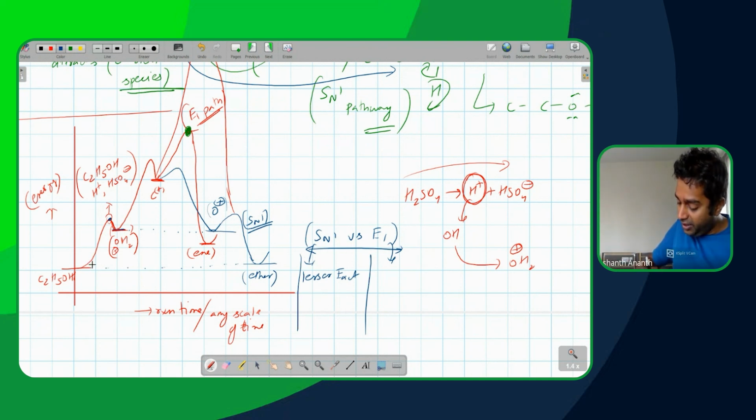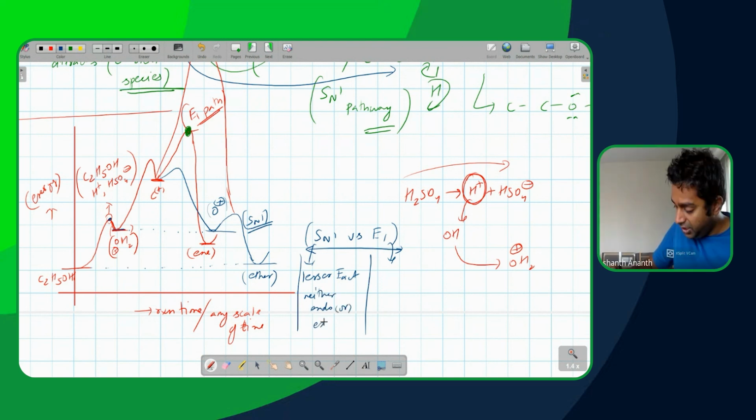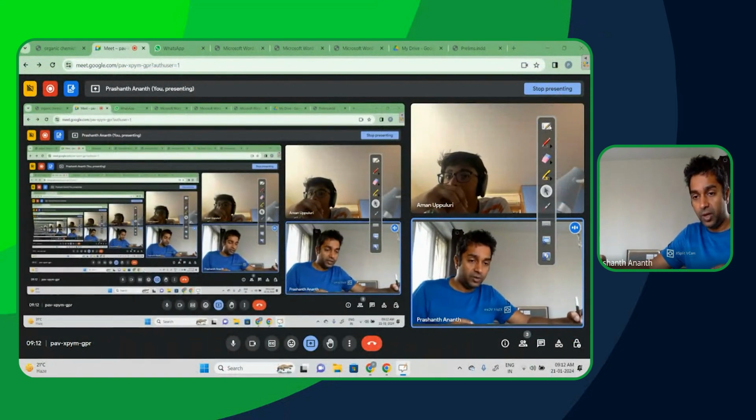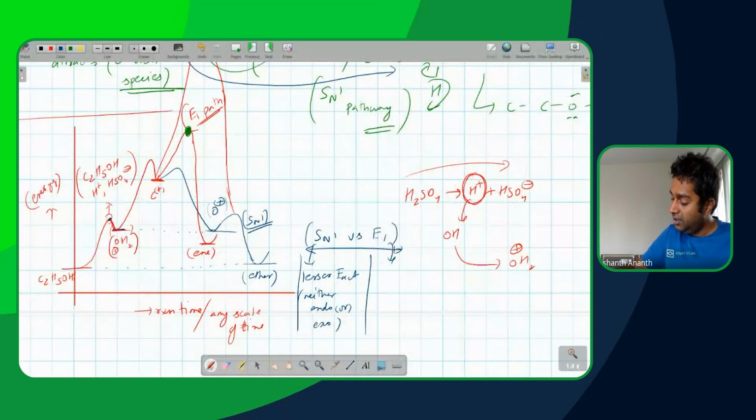No, it will be nearly neither. Correct. Nearly neither. Not perfectly neither, but close to being neither. Why? Because they are at similar energy levels. Whereas E1 on the other hand is going to be endothermic.